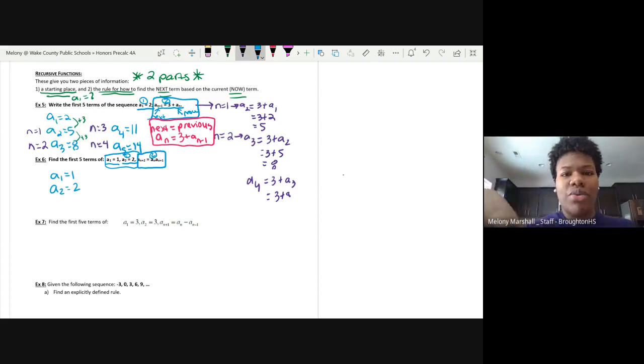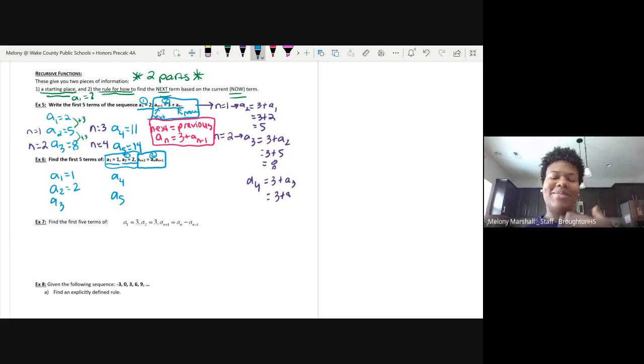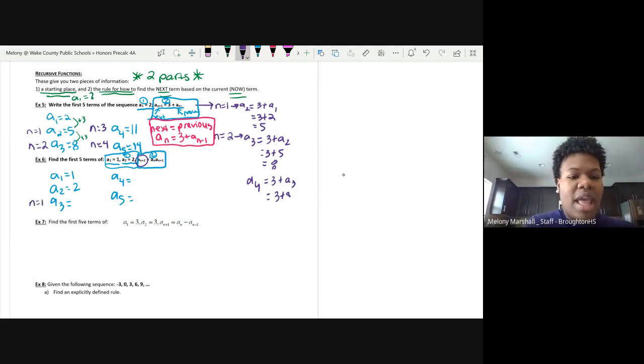So our rule: we're trying to find A sub 3, A sub 4, and A sub 5. We have to find those 3 answers. And so now we want to figure out what n has to be. I want n to equal 1 for that one, n equals 2 for that one, n equals 3 for that one, just so that you can relate the n situation to the problem.